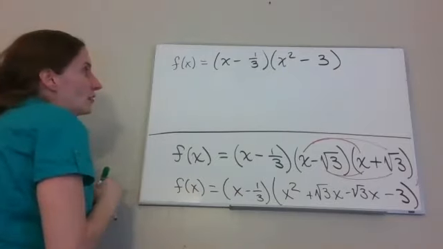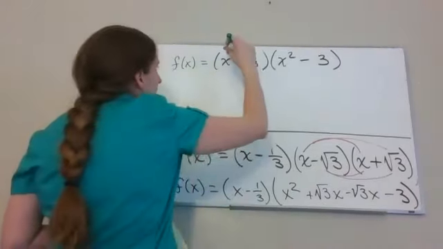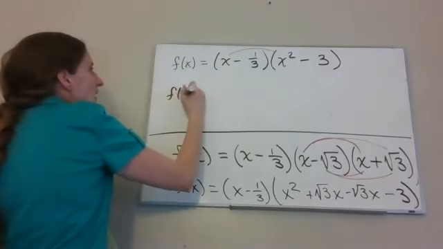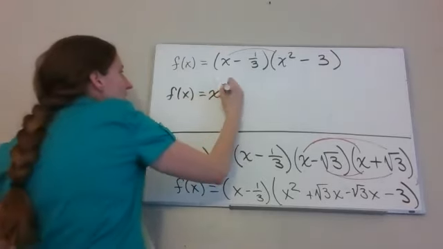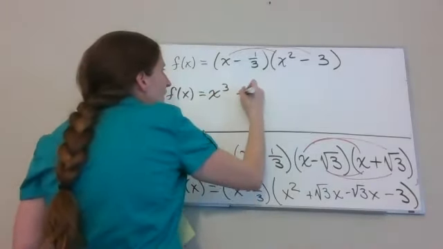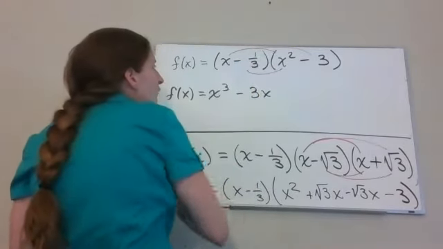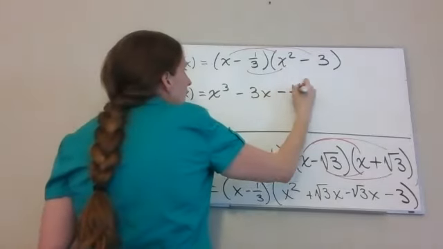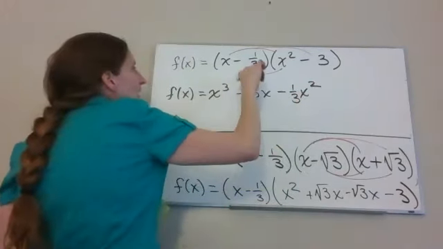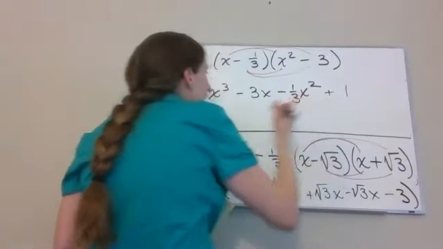Now I can distribute this, and we'll see if we have a third-degree polynomial. x times x squared is x to the third. x times a minus 3 is minus 3x. Negative 1/3 times x squared is negative 1/3 x squared. And negative 1/3 times negative 3 is positive 1.